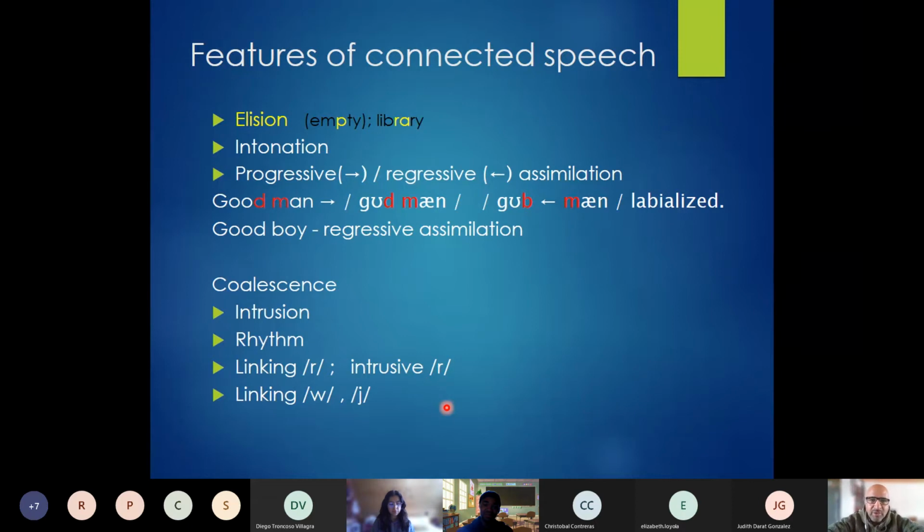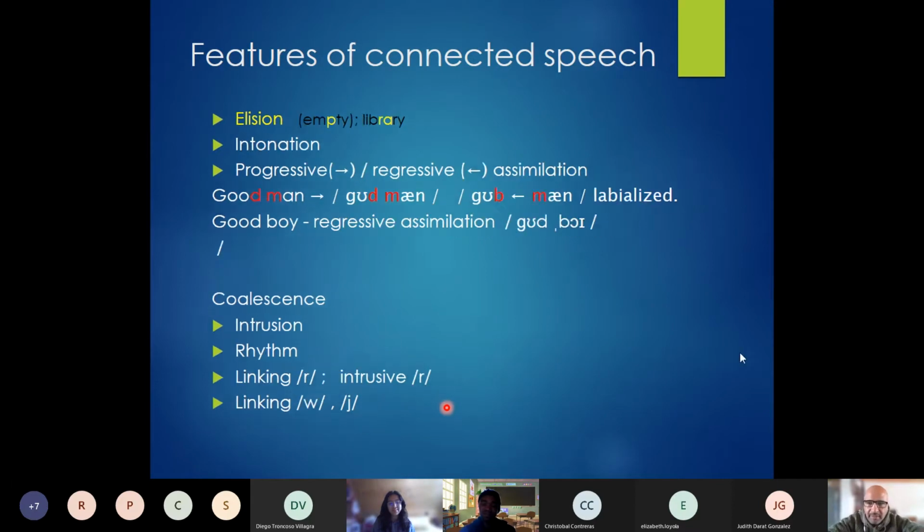Good boy. So what's going on with "good boy", regressive assimilation? In which way? The last sound is affecting the first sound of the next word. You are mute, teacher. I'm sorry. Thank you so much. The last sound is affecting.